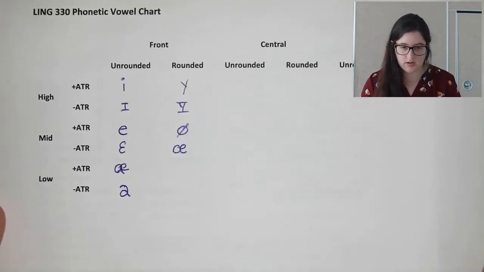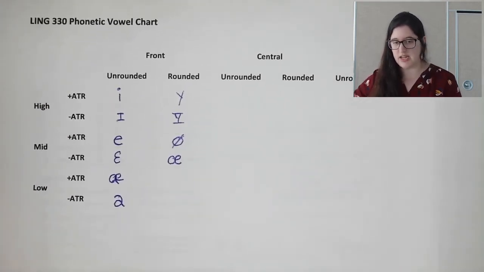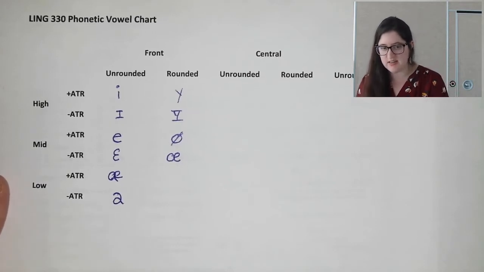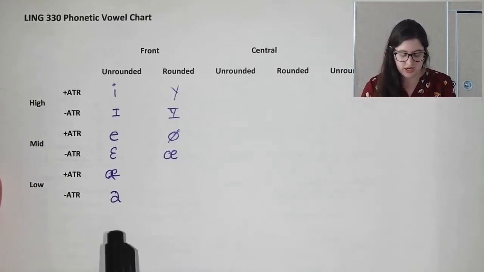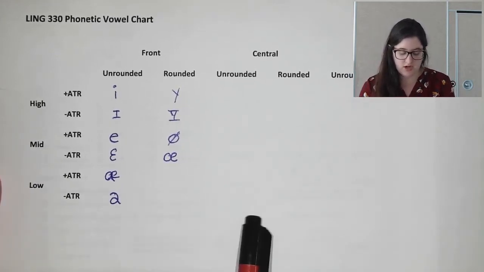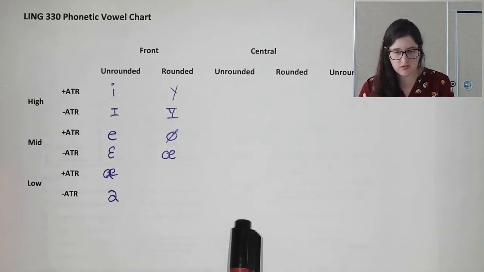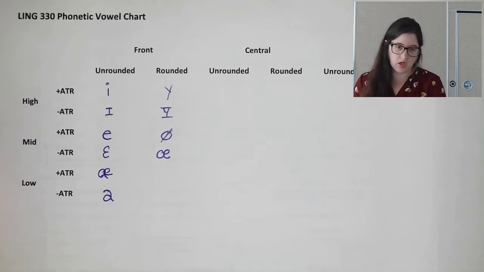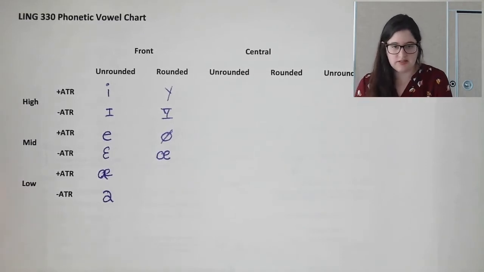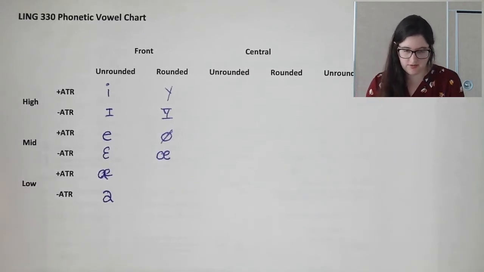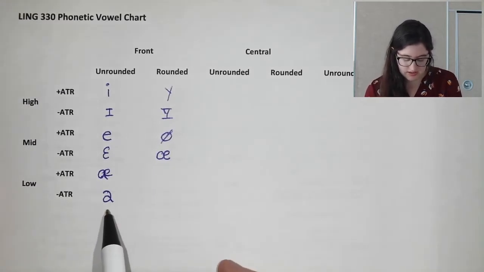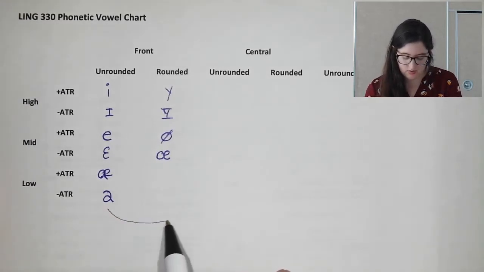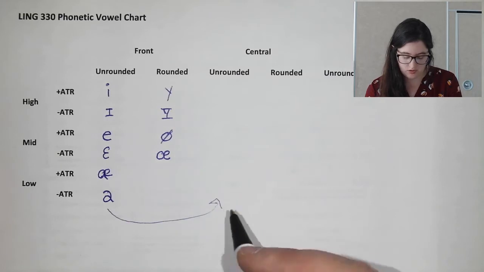Now, if you go on and take pure linguistics classes, we don't usually differentiate between front and central pronunciations of this vowel. So if you go and look up phonologies, sound systems, sounds that are in different languages, you'll often see that vowel put as a central vowel.